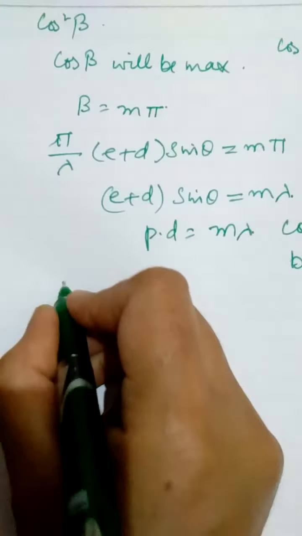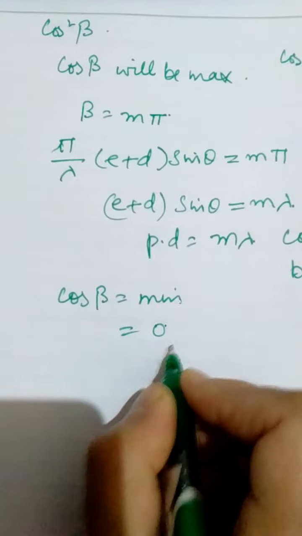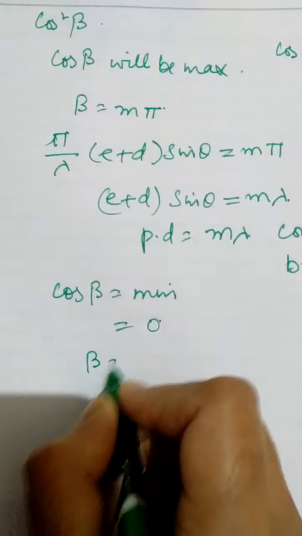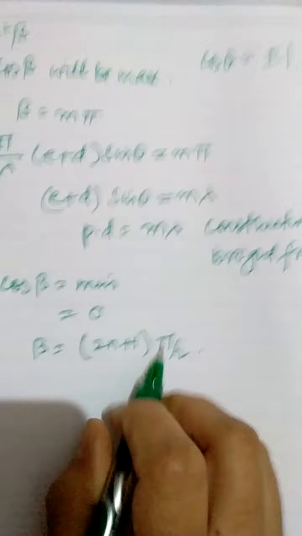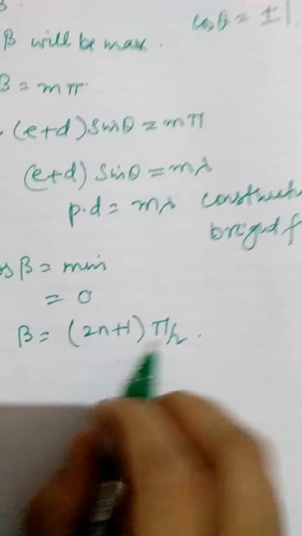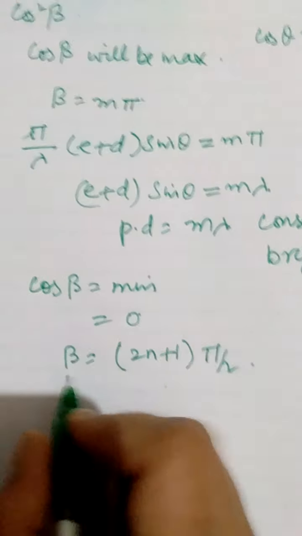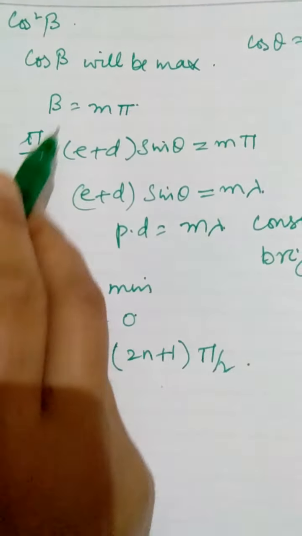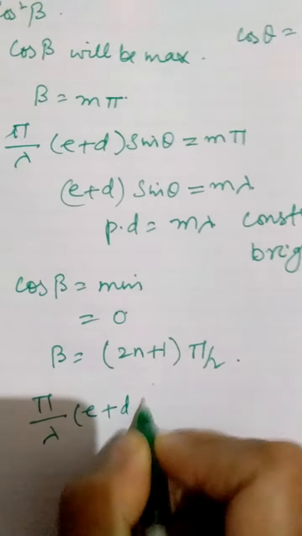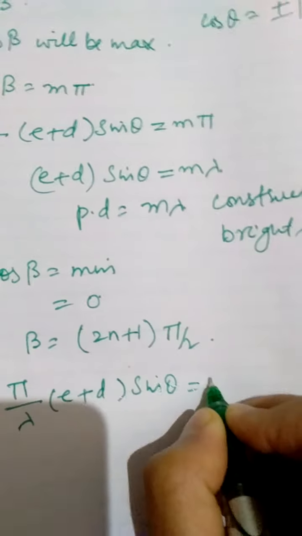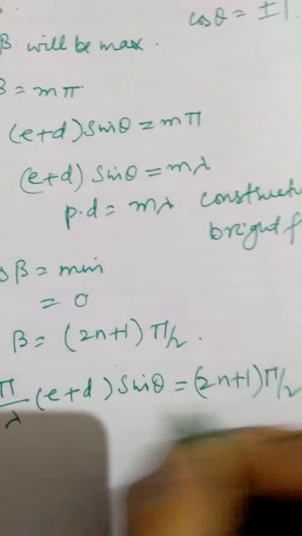Now let us see when cos beta is minimum. That is, it is equal to 0. We know that cos is 0 when the angle is an odd integral multiple of pi by 2. Cos 90 is 0 and all odd multiples of 90 are 0, right? So let us equate that. So beta is equal to this much. Again we'll put the value of beta, that is pi by lambda (e plus d) sine theta is equal to (2n plus 1) pi by 2. So pi and pi will go.